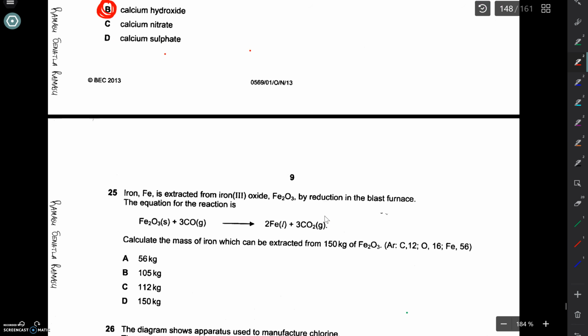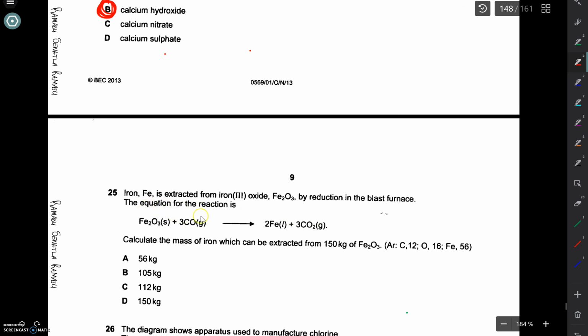Question 25 says that iron, Fe, is extracted from iron 3 oxide by a reduction in the blast furnace.